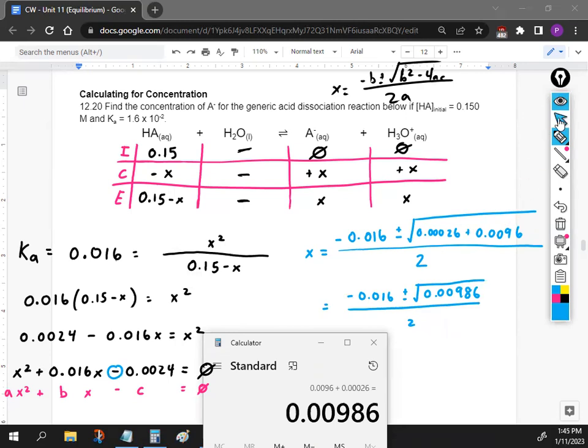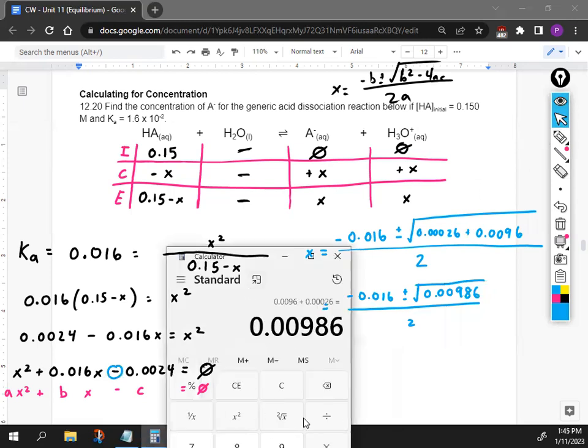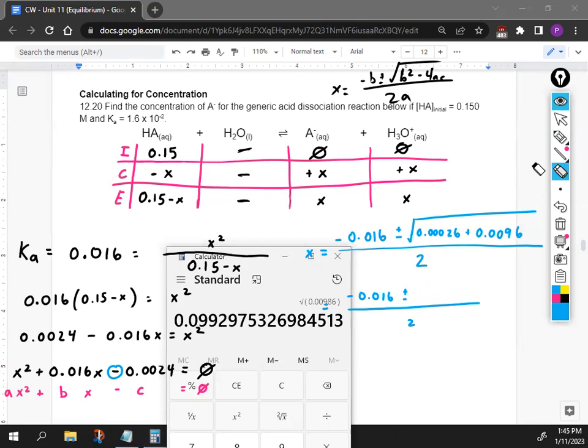All right. So this part right here, we're going to square root that, and you're going to get that. If you do the square root of this value right here, you're going to get 0.0. Let's just stop at 99.